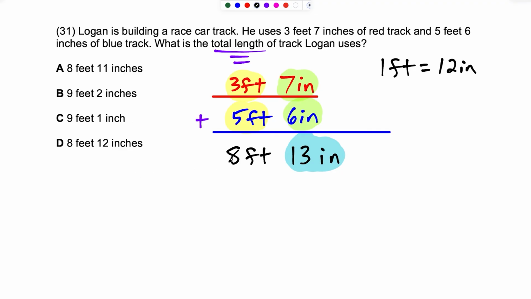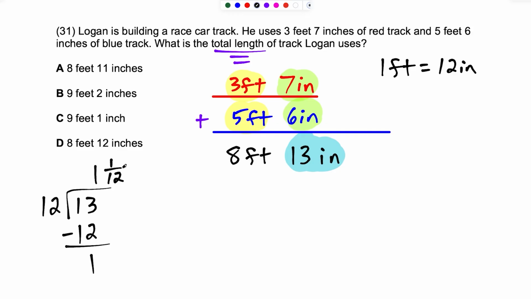So there's a few ways you could handle this. You could just take 13 and you could divide it by 12, because every group of 12 inches that we have is 1 foot. So let's find out how many groups of 12 we have. So we do 13 divided by 12 is 1. 1 times 12 is 12. And then we subtract. 13 minus 12 is 1. So we get 1 and 1/12.